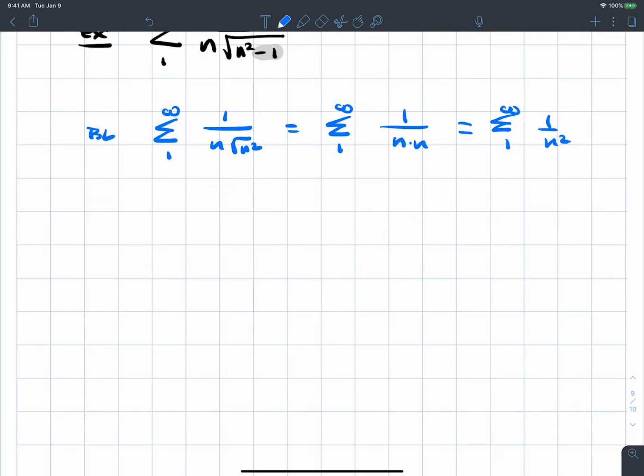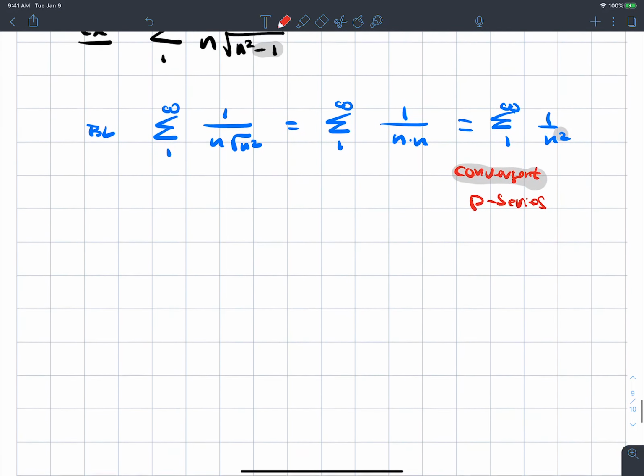That's by some algebra. And this is a convergent P series because we have the value of P being 2. Convergent P series.